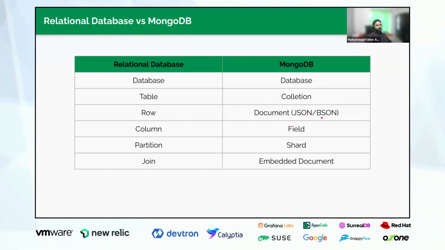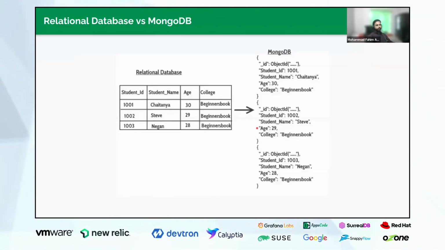BSON is something like JSON. Then there is a column, which is called a field in MongoDB. Then there is a partition in a relational database, which is a shard in MongoDB. And a join in your relational database means an embedded document in MongoDB. So if we see the relation between a relational database and MongoDB, we can see that this is a table, right?